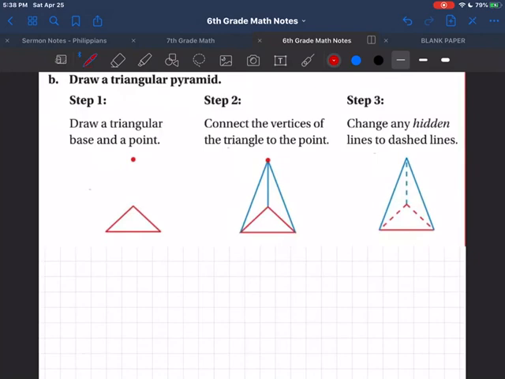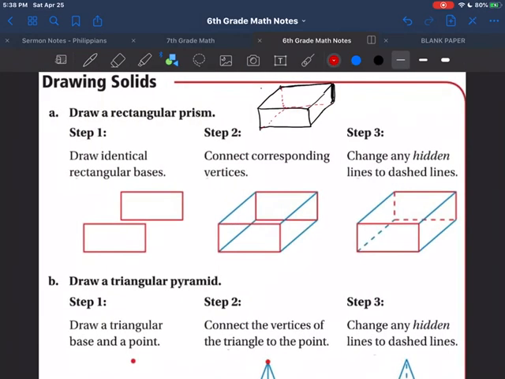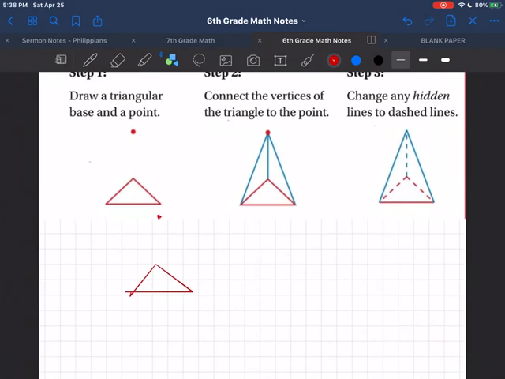So drawing a triangular prism, let's use our shape thing here. We're going to draw a triangle. And then we're going to put a point, which is going to be our vertex up top. And then from there, draw lines going up to that top.